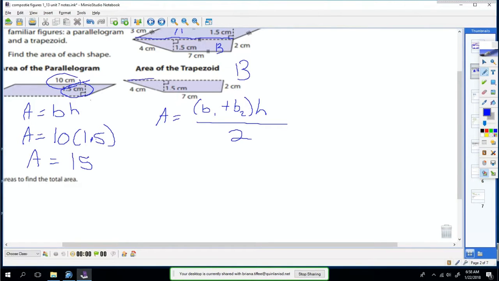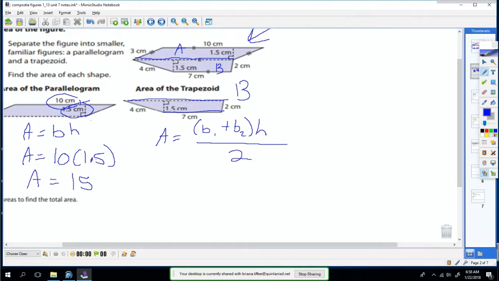This right here is your base, and then the 7 is also your base because they run parallel with each other. So unfortunately, I do not know what the top base is, but what I do know is if this right here is 10, that means this will be 10. So I'm going to rewrite it. So one of my bases is 10. My other base is 7. My height, which again is 1.5, and then you divide by 2.